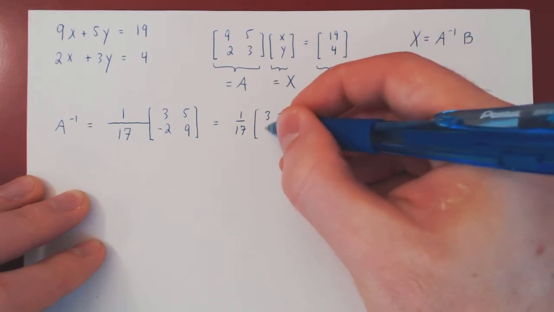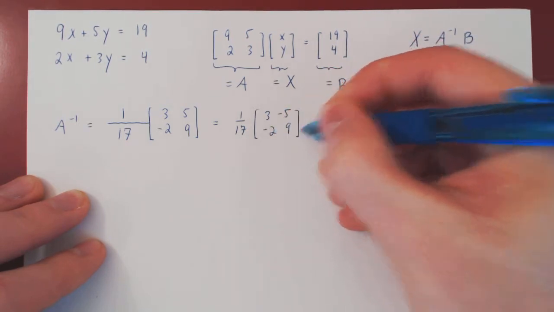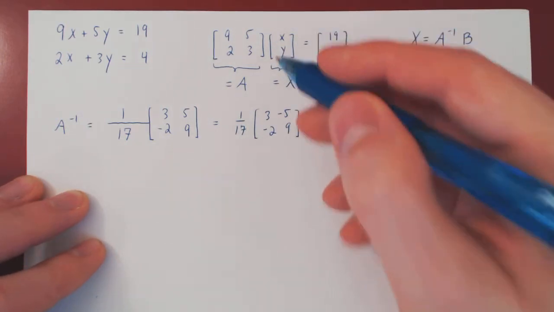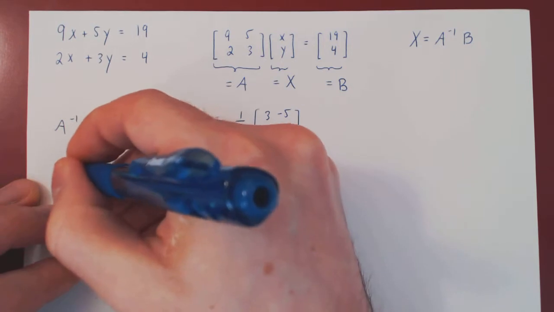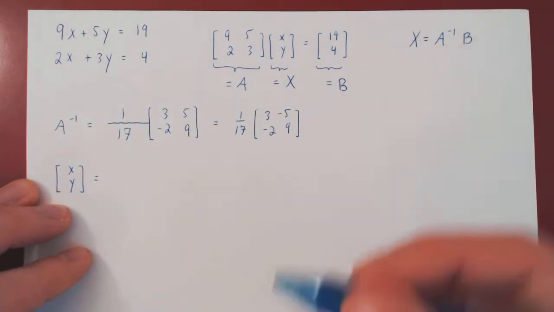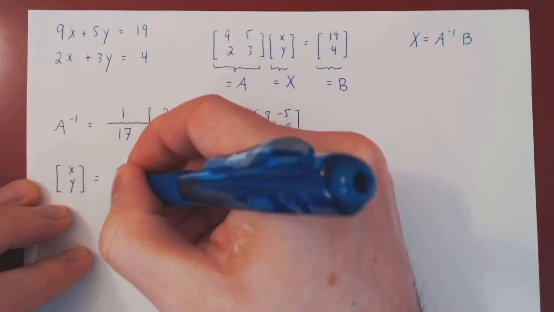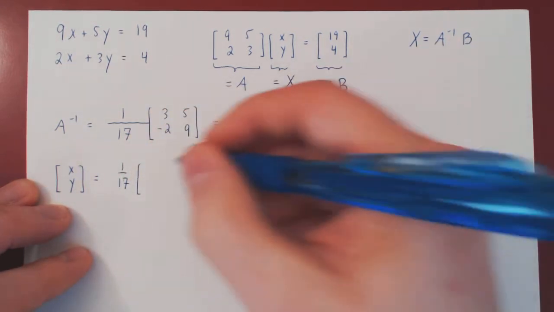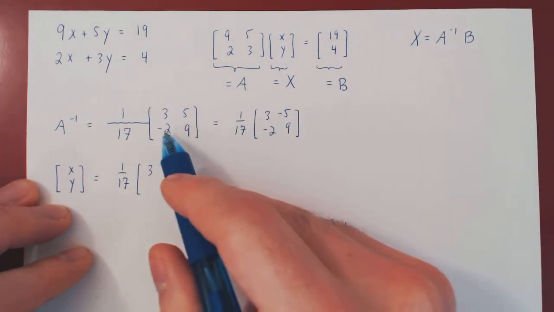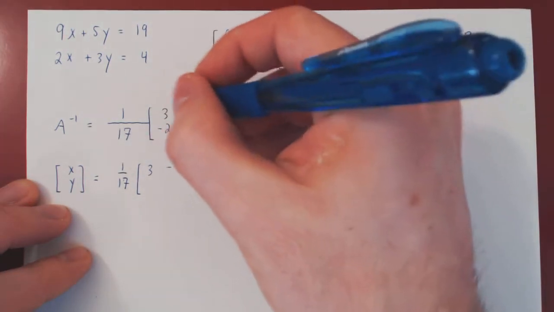And now we have A inverse, so we're good to go. Our vector variables, x, y, equals A inverse times B, 1 over 17. Oop, I forgot to negate the 5 here.